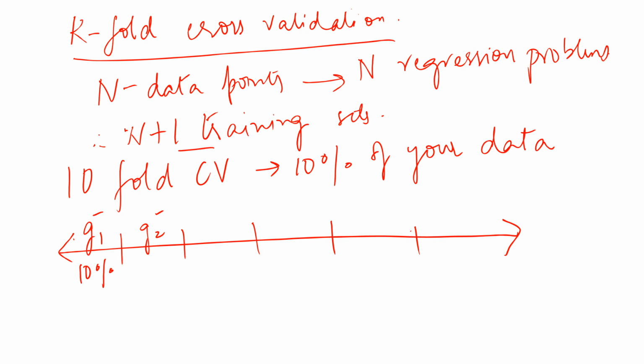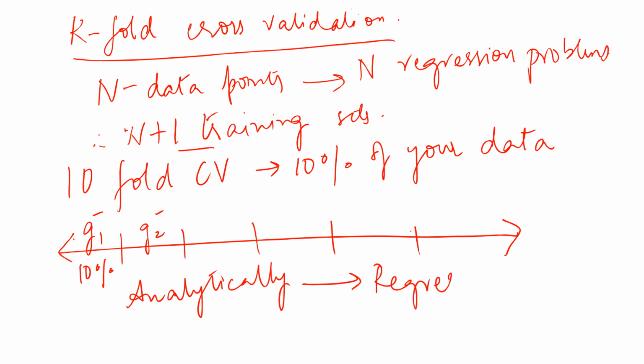So we are more efficient than the simple validation because we're doing the average of 10 different hypotheses. And in some cases, we can even find the E_cv analytically, especially for regression. This, by the way, is given in the textbook, which I would encourage everybody to go and have a look at.